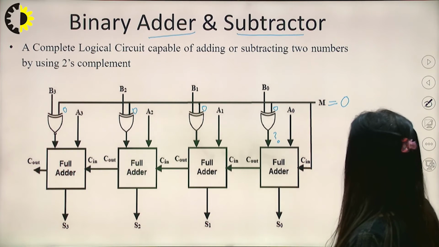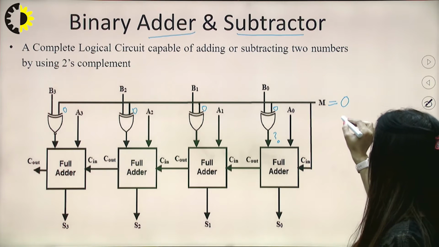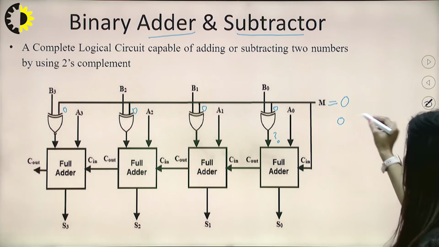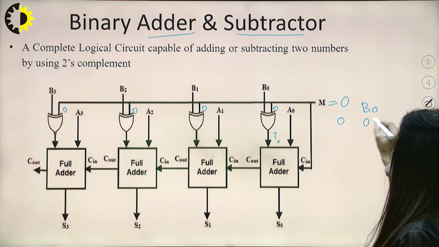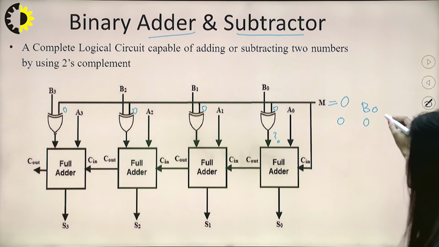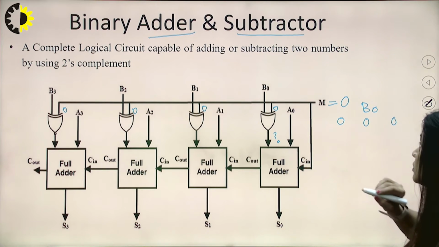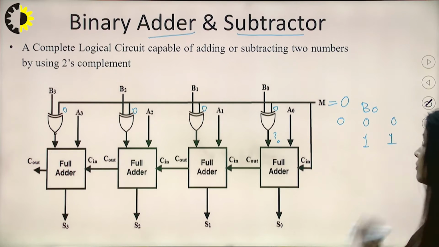For XOR of any number, let's say B0, if B0 is 0, the output will be 0, and if B0 is 1, the output will be 1.